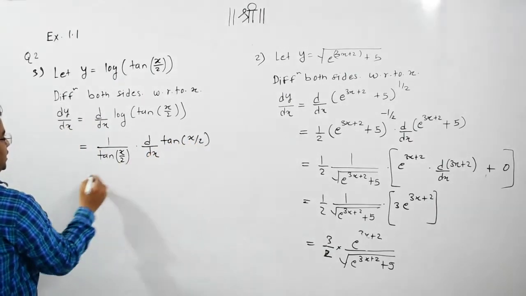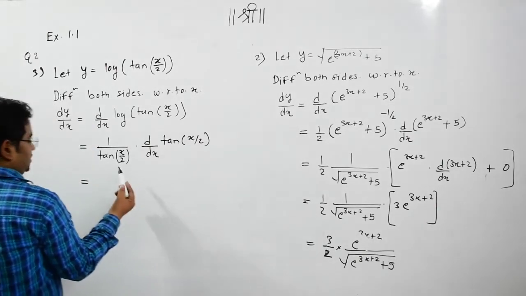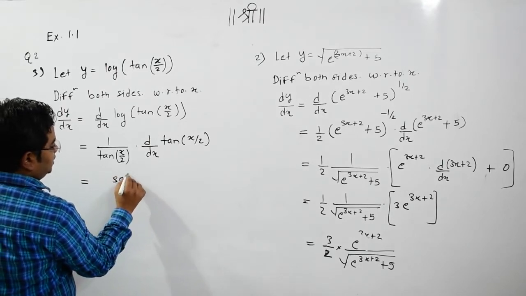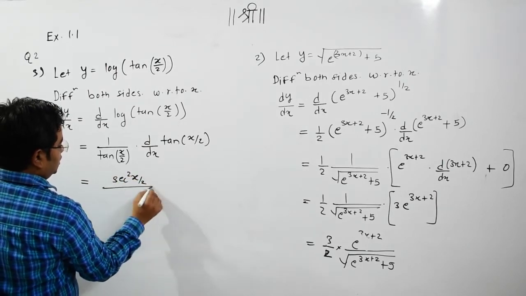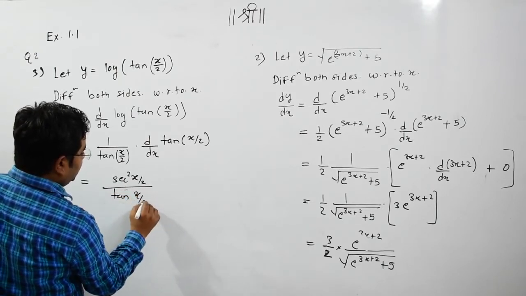So what is the derivative of tan x? It is nothing but sec square x. Good. So the derivative of that is sec square x by 2 divided by tan x by 2.